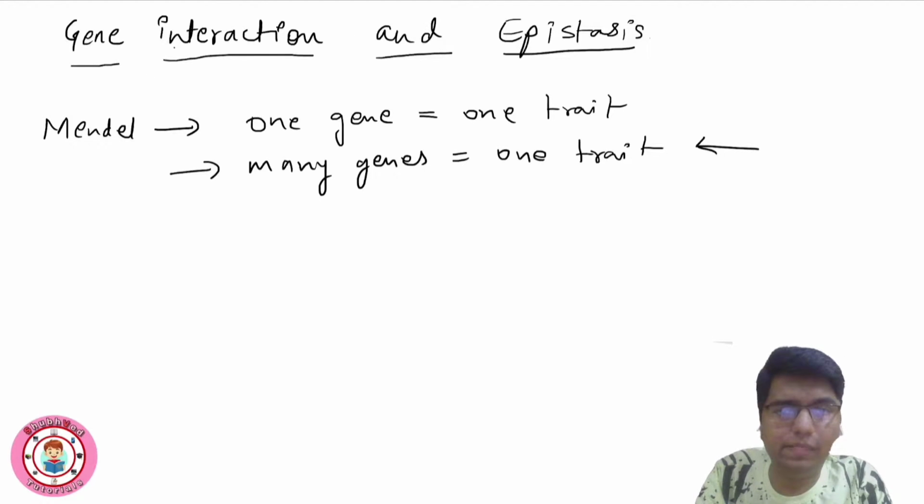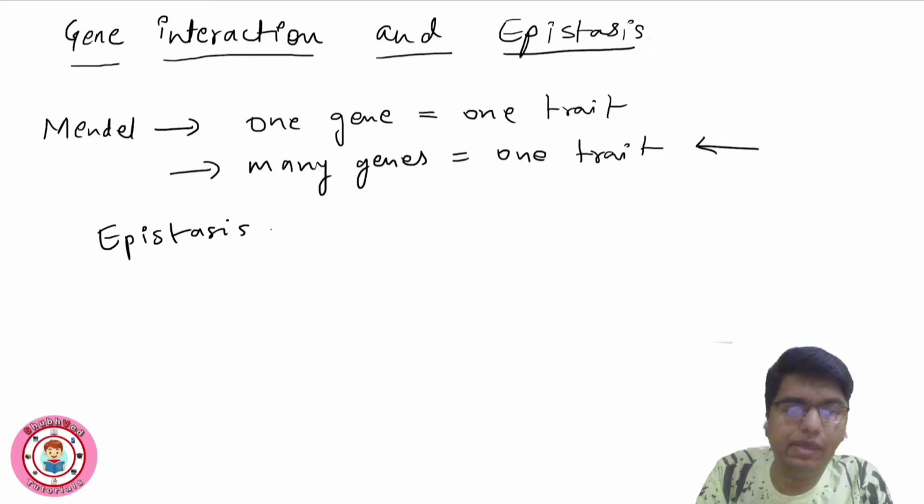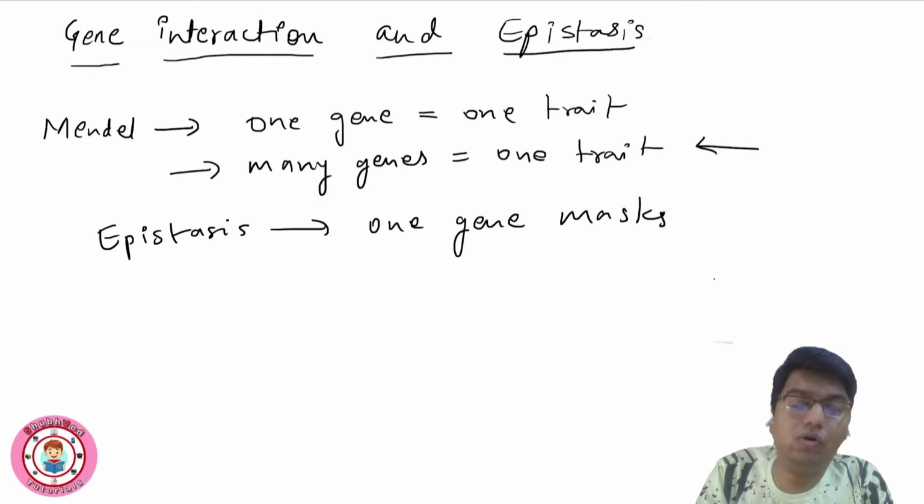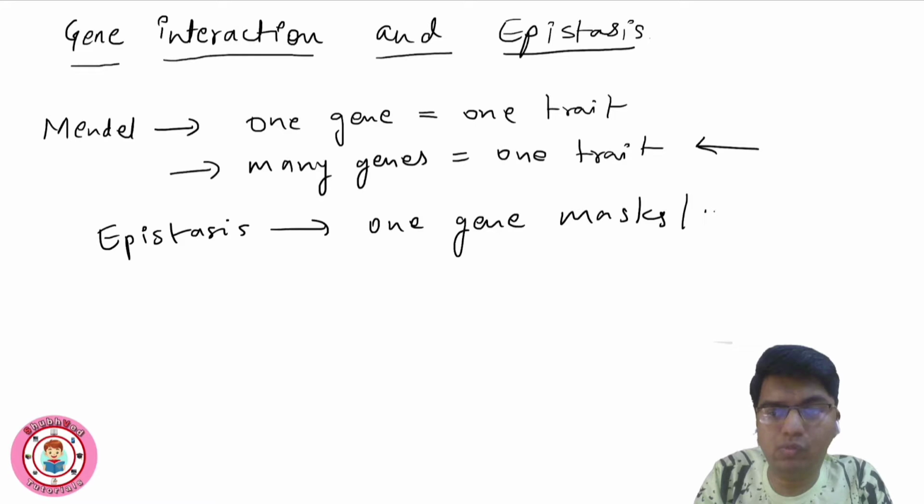of gene interaction in which, in epistasis, what we can say: one gene masks or modifies the expression of another gene.